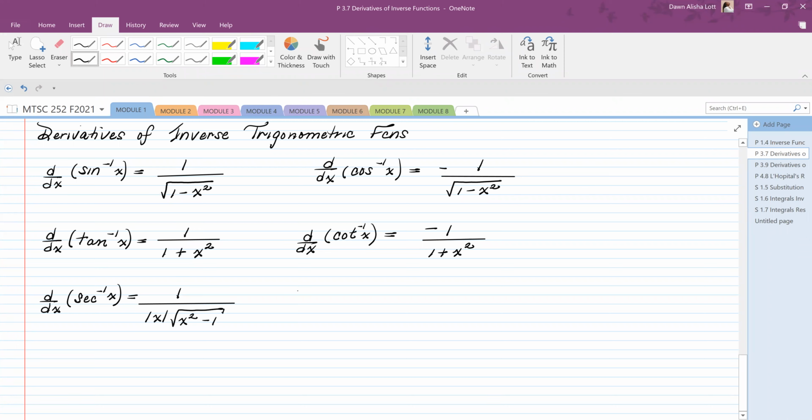And the derivative with respect to x of the cosecant inverse of x is -1 divided by the absolute value of x times the square root of x squared minus 1. Okay, that's how you do it.